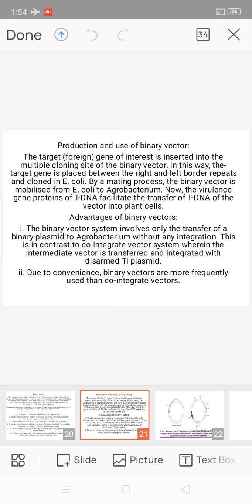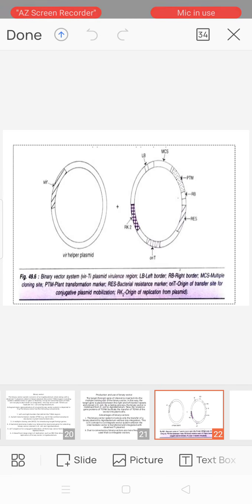This is in contrast to the co-integrate vector system wherein the intermediate vector is transmitted, transformed and integrated with the disarmed Ti plasmid. Due to convenience, binary vectors are more frequently used than co-integrate vectors. This is the binary vector system.